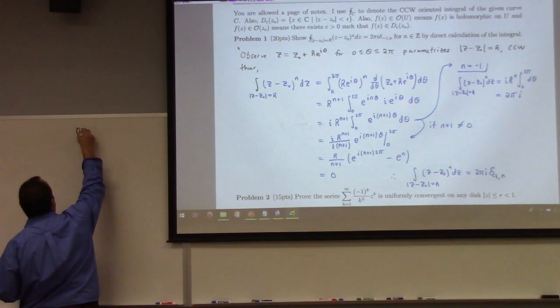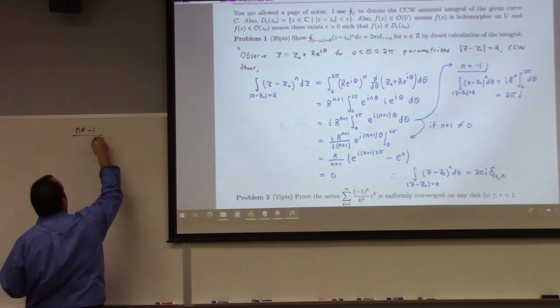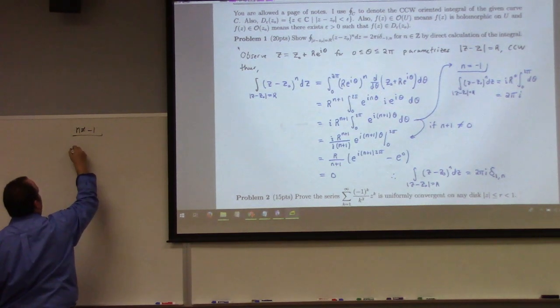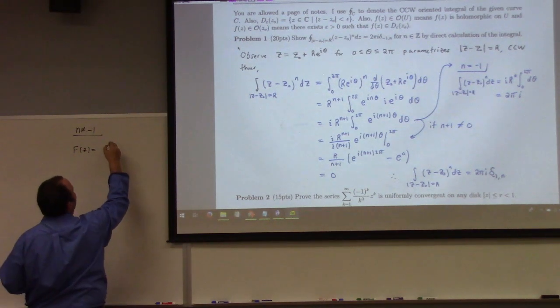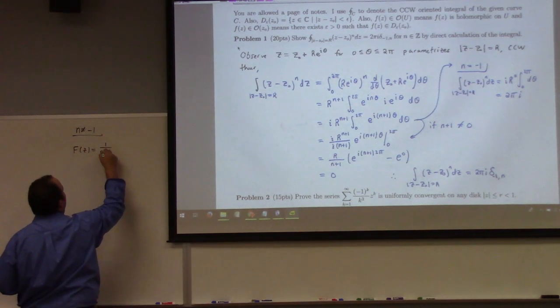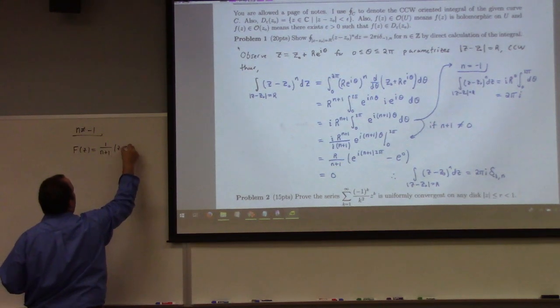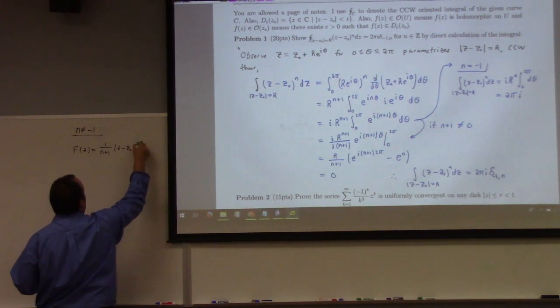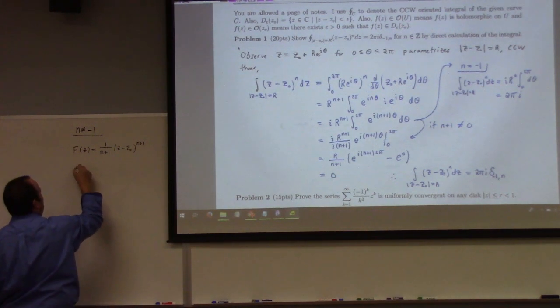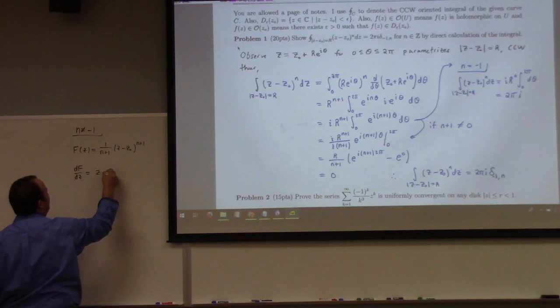If n is not equal to minus 1, you know what else we could do here? We could say, well, f of z is equal to 1 over n plus 1 times (z minus z naught) to the n plus 1, right? And you can easily calculate that df/dz is (z minus z naught) to the n.